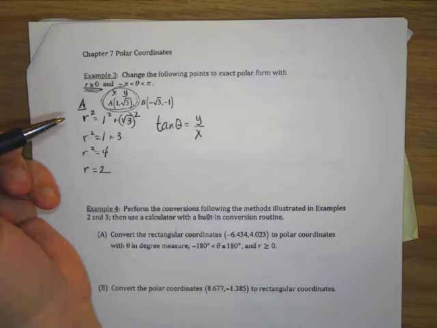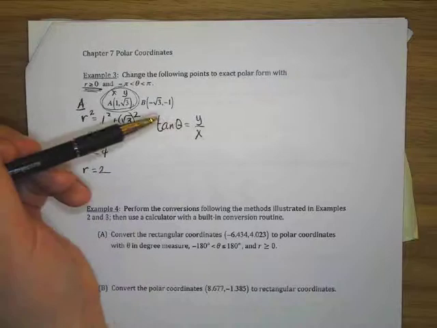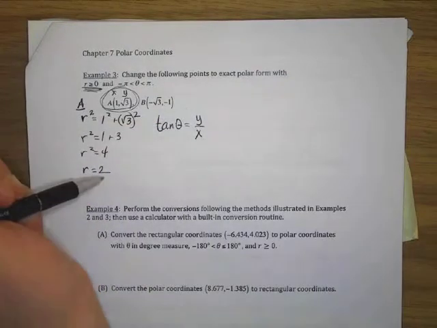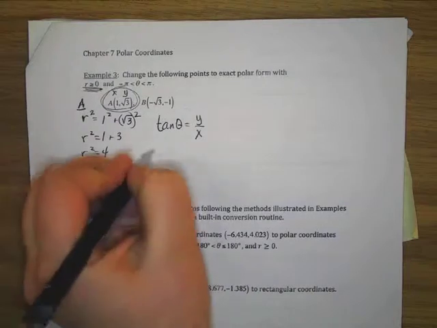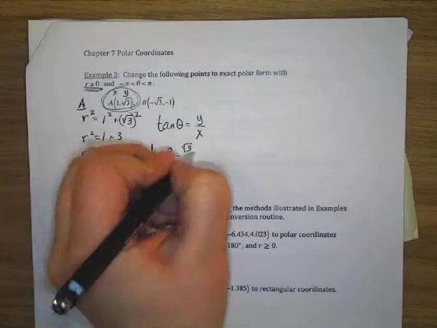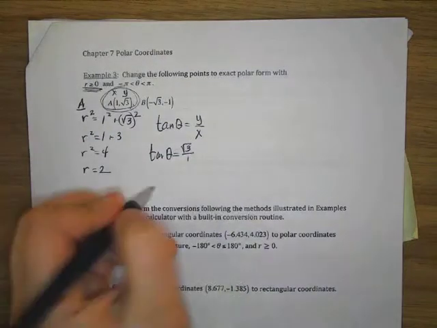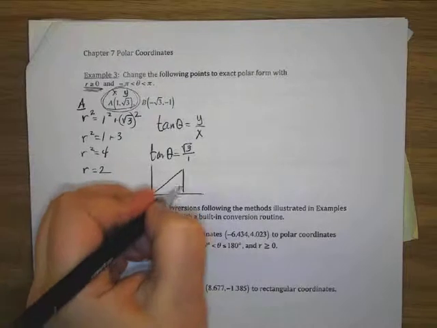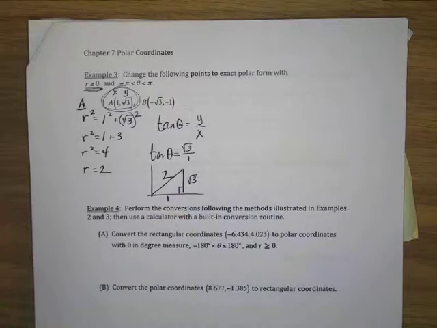Positive, positive has to be in quadrant 1. That makes where we're going to draw our triangle the same place, because our radius has to be positive. So we're going to draw our triangle in quadrant 1. I know the tangent of theta is equal to my y value over my x value. There's our triangle.